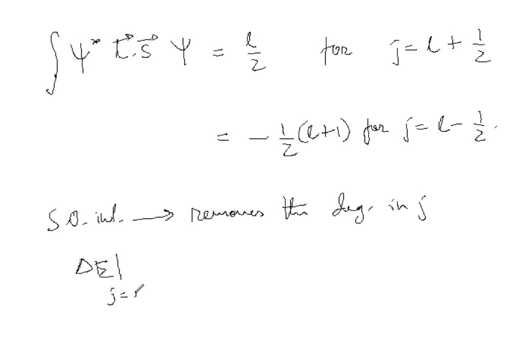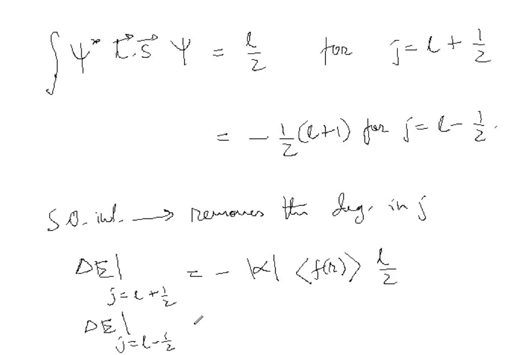For J equal to L plus half, it is equal to minus mod alpha times the average value of F(r) times L by 2. Similarly, we can write for the other value, J equal to L minus half, this is equal to plus mod alpha times the average value of F(r) times half of (L plus 1). Fine.